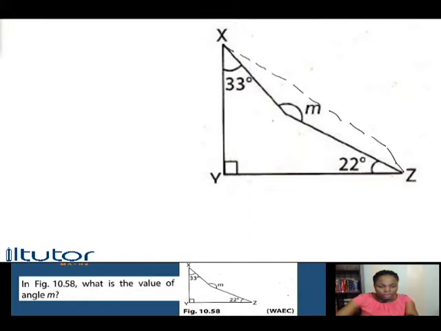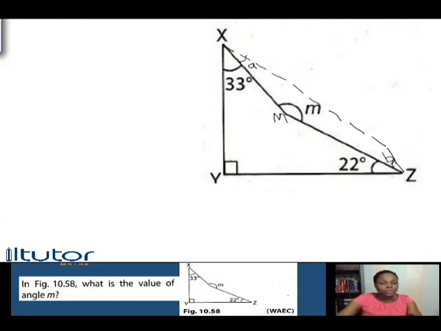So let's call this point capital M, where you have the angle M. Okay, this angle here, let's call it angle A. Let's call this angle here angle B. Everything is looking clearer.